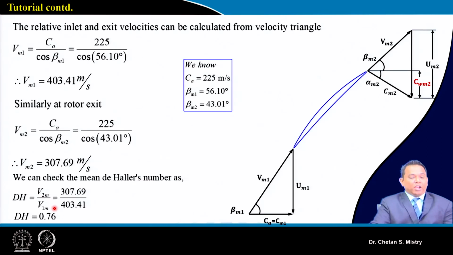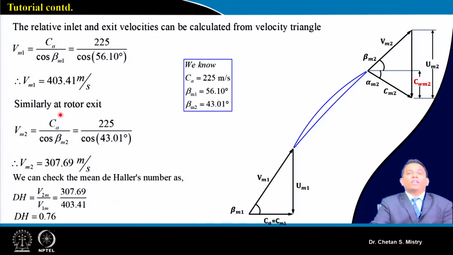Now the next parameter we are interested in is the de Haller's factor. In order to calculate it, we need the relative velocity component at the entry and at the exit. Based on trigonometry, the relative velocity at the entry is Ca by cos beta 1, and at the exit it is Ca by cos beta 2.